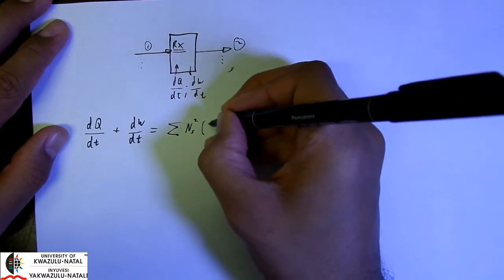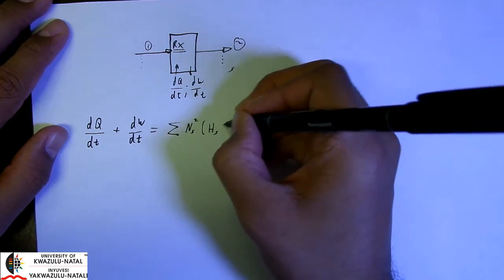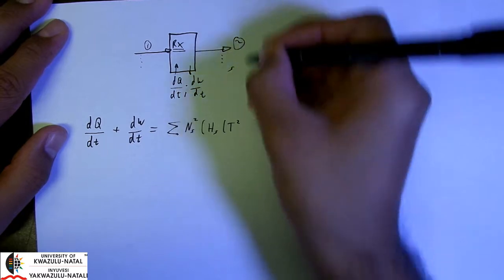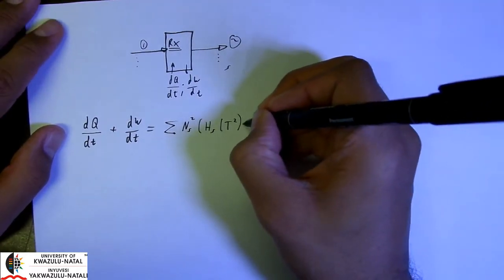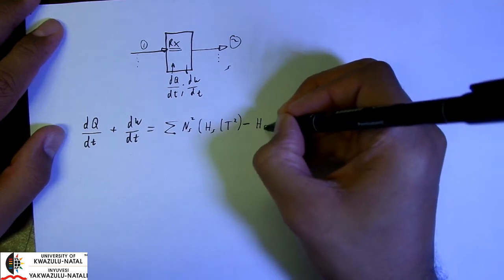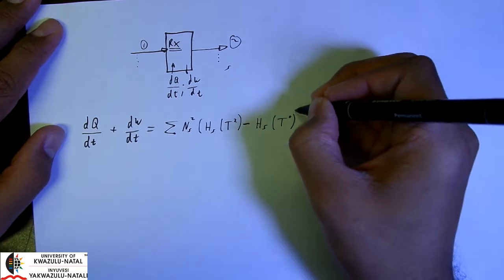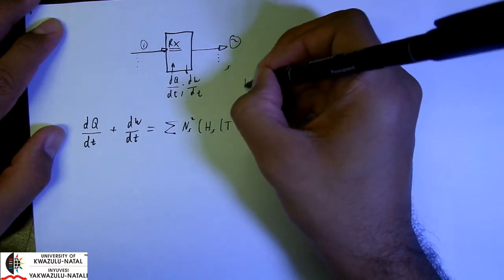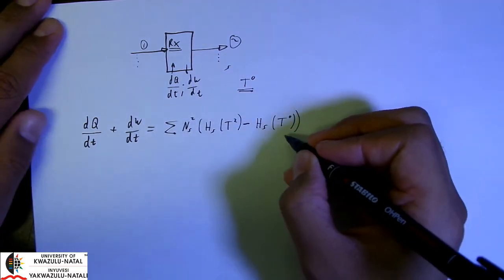multiplied by the enthalpy of each species S at my temperature T2, the temperature at stream 2, minus my enthalpy at some reference temperature T0. So I'm adding my reference temperature here as T0. These are my outputs.